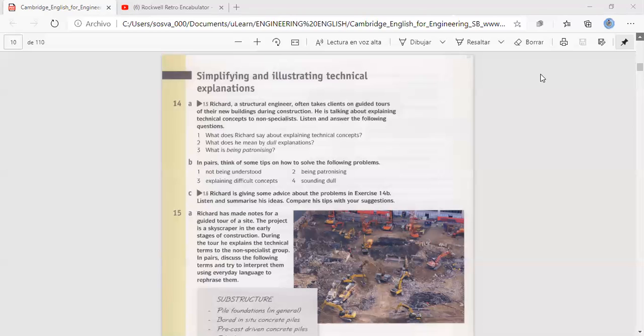So as an engineer of a project, in this case a construction, you often take customers or your client or the people who are paying you to build a project. Why? Because they want to see how you are working, in which area maybe you have trouble, or how you are investing their money.